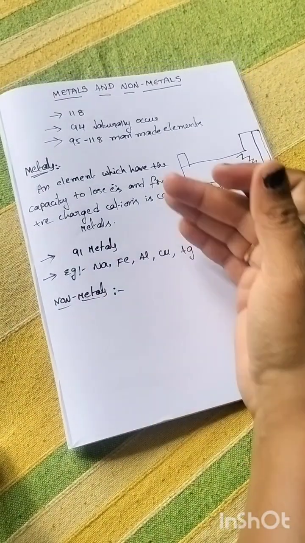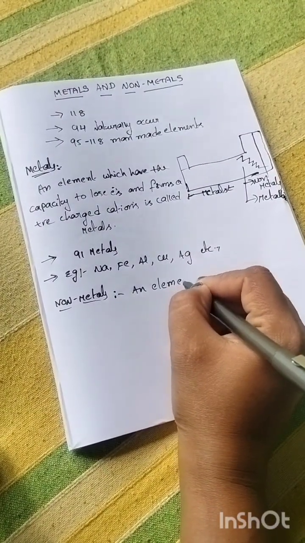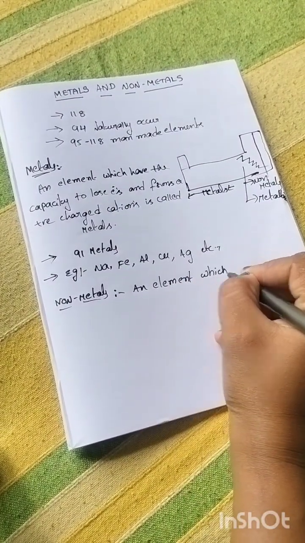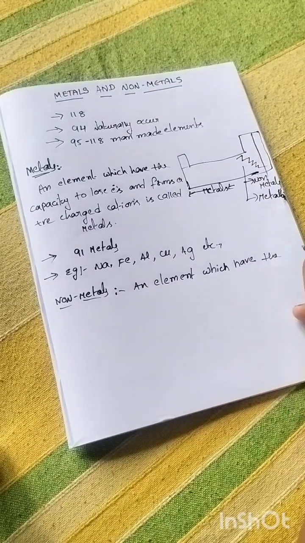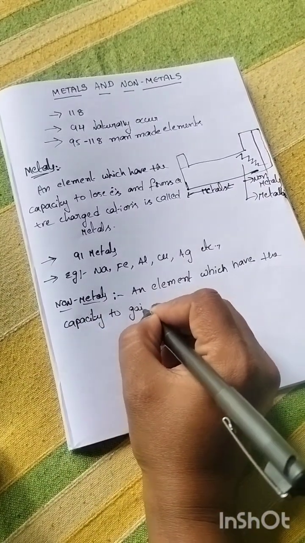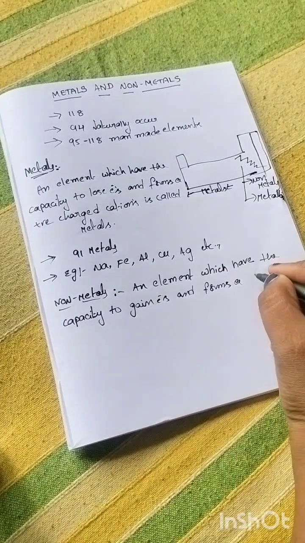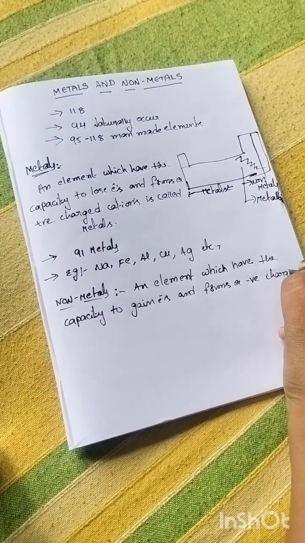Next, coming to the non-metals. Non-metals are quite opposite to the metals. The definition of non-metals: an element which has the capacity to gain electrons during a chemical reaction is called a non-metal. How many non-metals do we have?